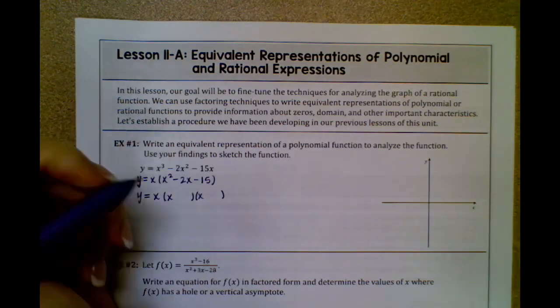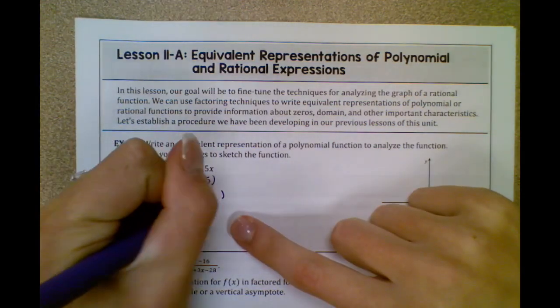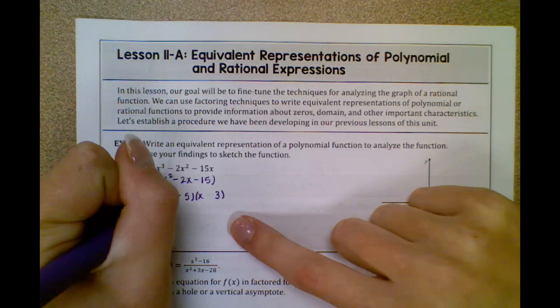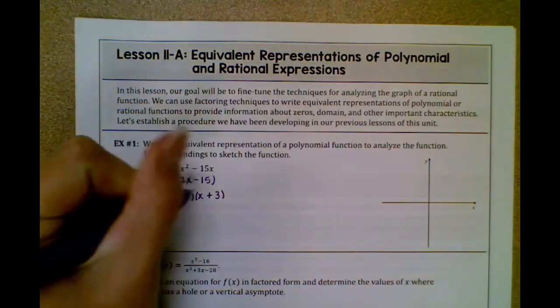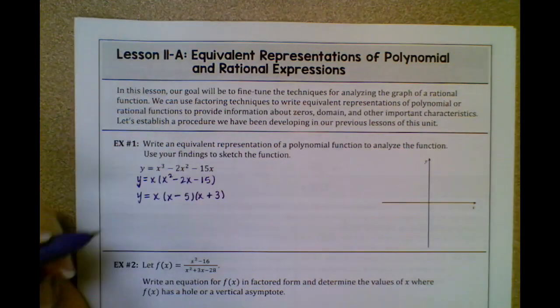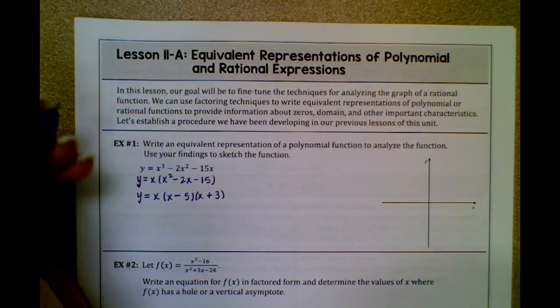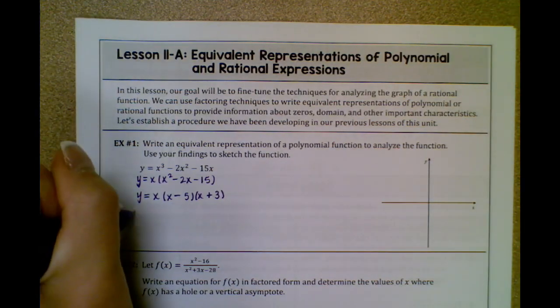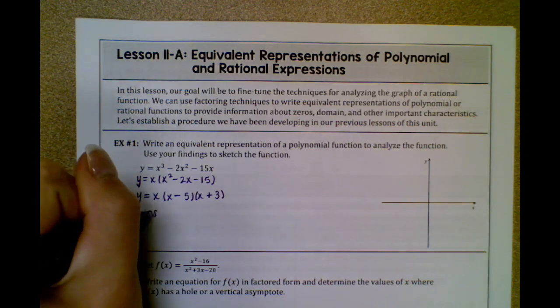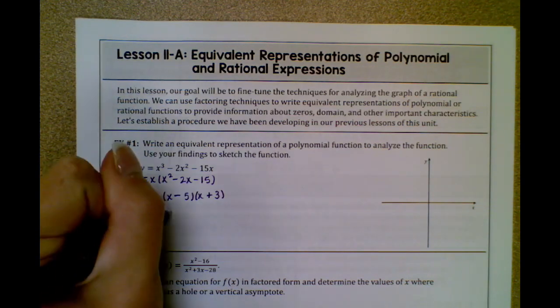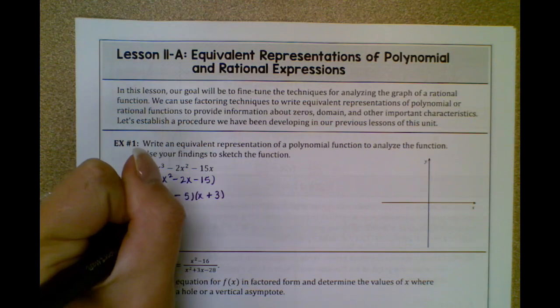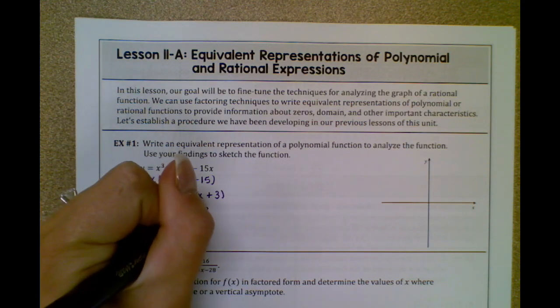So let's see here. 5 and 3, I need negative 5 plus 3 in order to get negative 15 when they multiply, and negative 2 when I add them together. So that means that I have zeros at 0, 5, and negative 3.